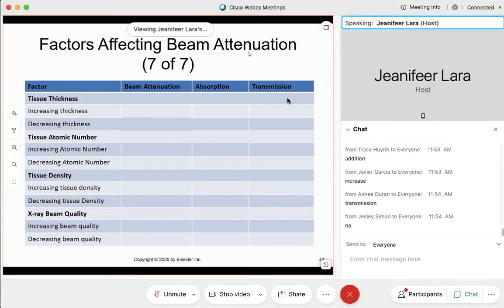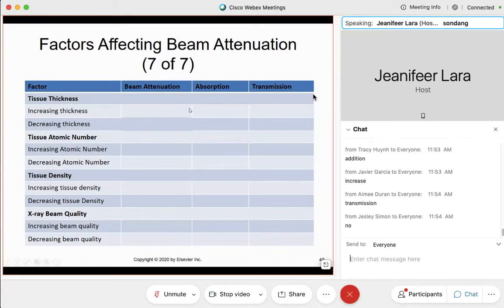Okay, so this is where I'm going to get to call on you. If tissue thickness increases, what happens to my beam attenuation? Does it increase or decrease? Increase. It does increase.